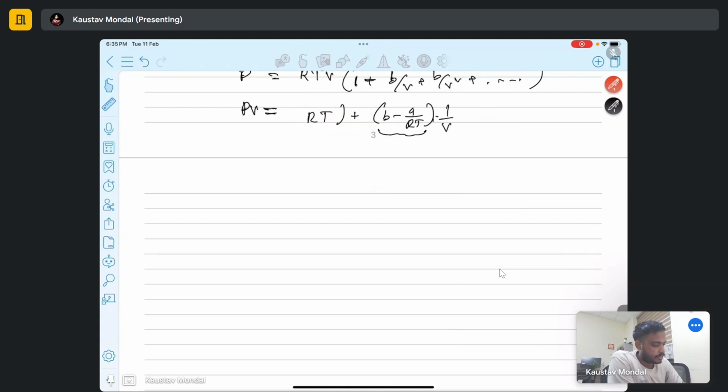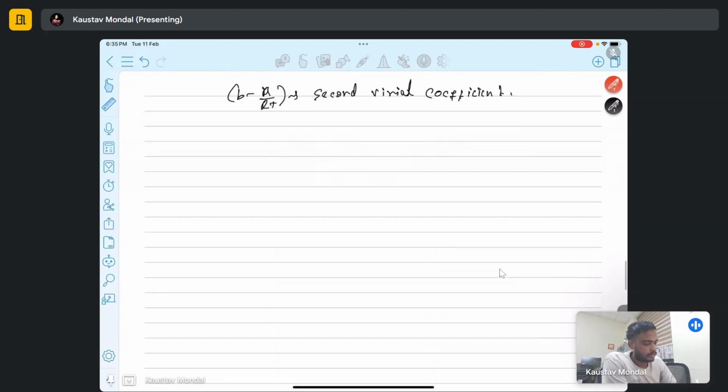So here this basically is the B minus A by RT, is basically the second virial coefficient. There are a lot of higher order terms, so we're neglecting that. So this is basically the second virial coefficient. Okay, so in this case capital B will be equal to b minus A by RT.